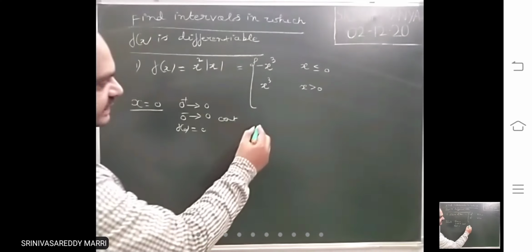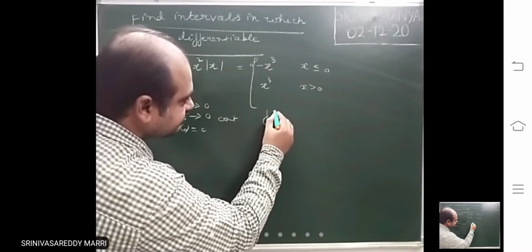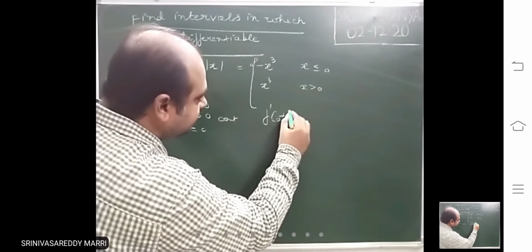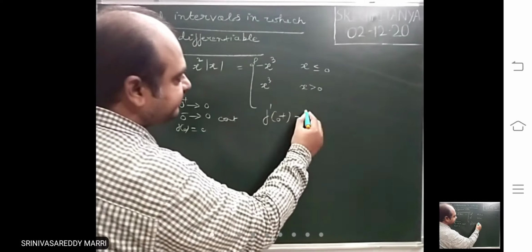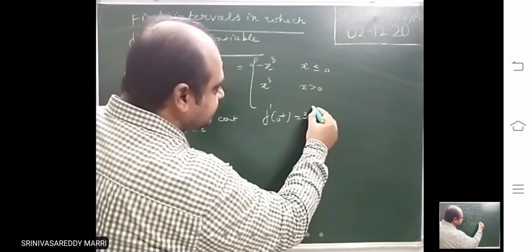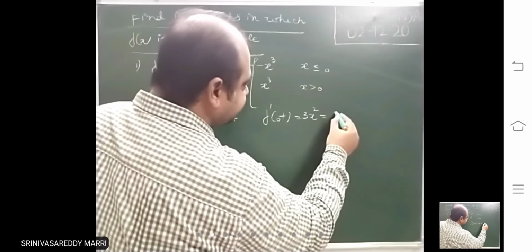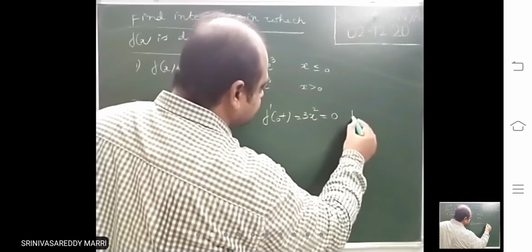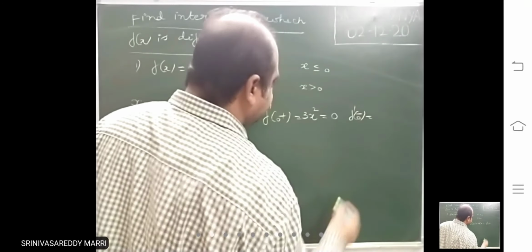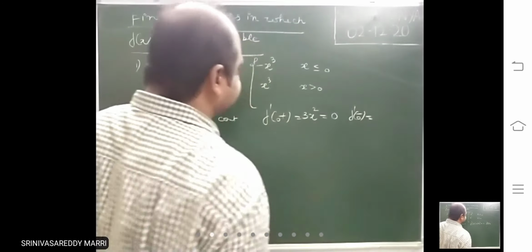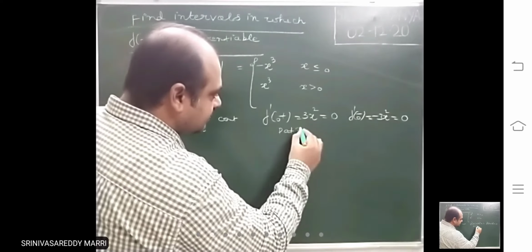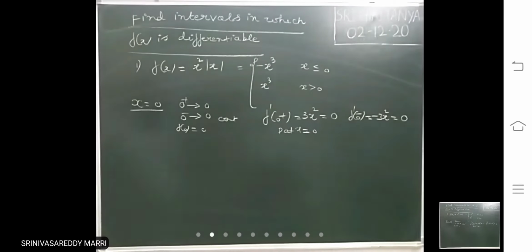Now f dash 0 plus: the derivative of this is 3x square, and if you substitute 0, you will get 0. f dash 0 minus: the derivative of this is minus 3x square, so that is 0. Both are equal, so it is differentiable at x equal to 0. That means at the rule changing point also it is differentiable.